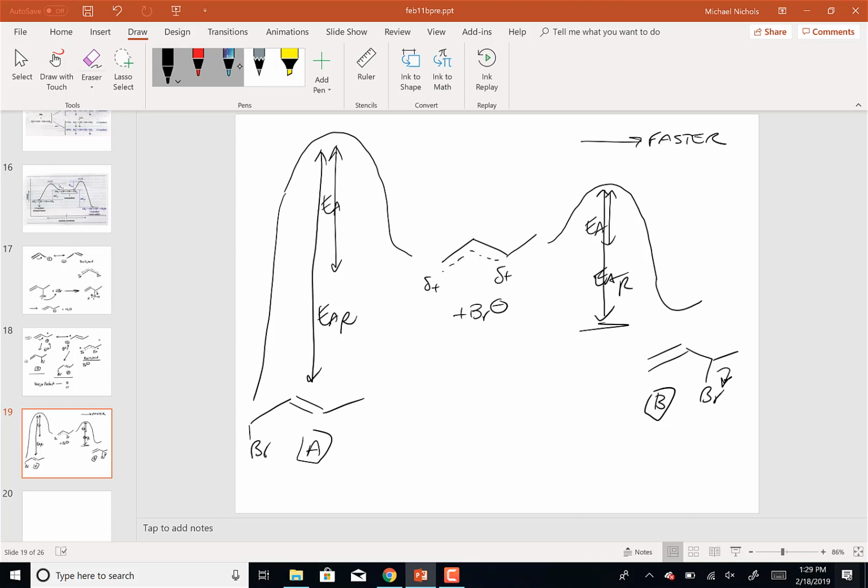Some of that B is going to reverse itself and go back to the middle. And then most of it is going to go back to B. But maybe, let's say, 2 molecules out of 100 go to A.